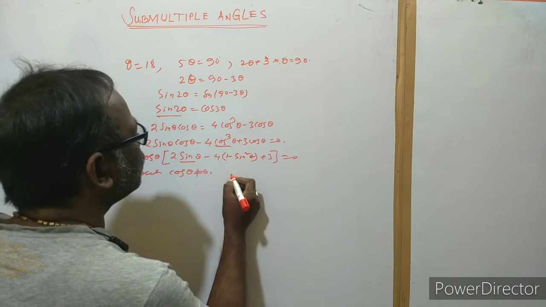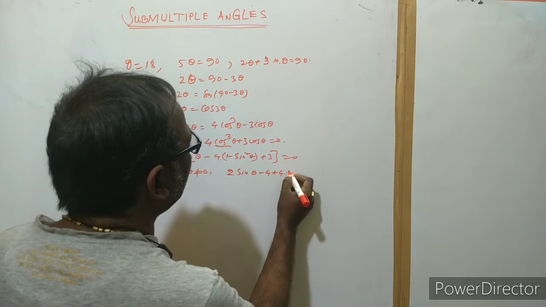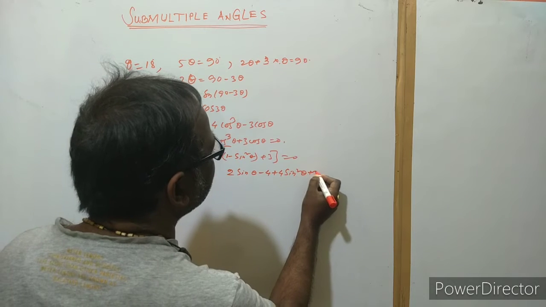So from that, 2 sin theta minus 4 plus 4 sin square theta plus 3 is equal to 0.